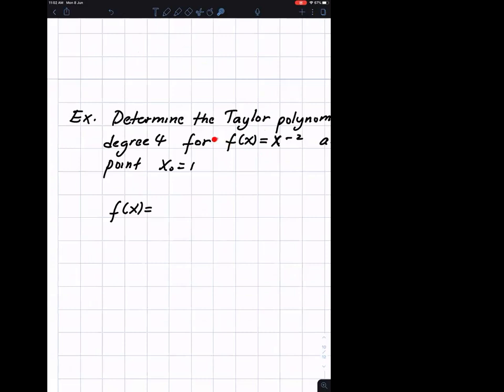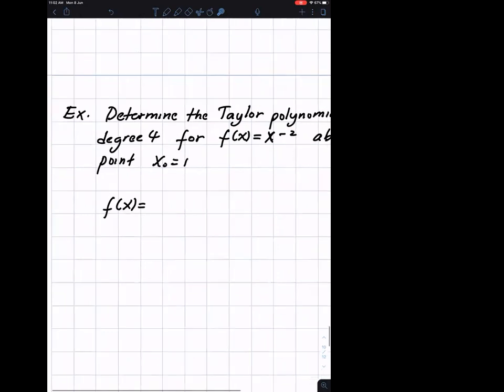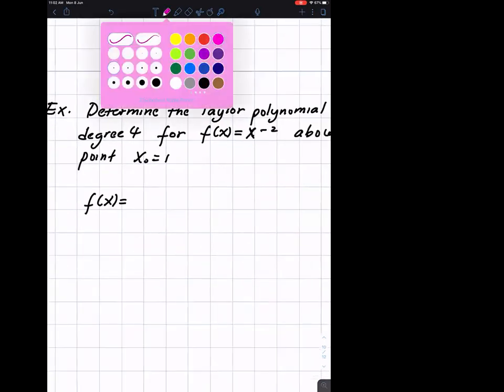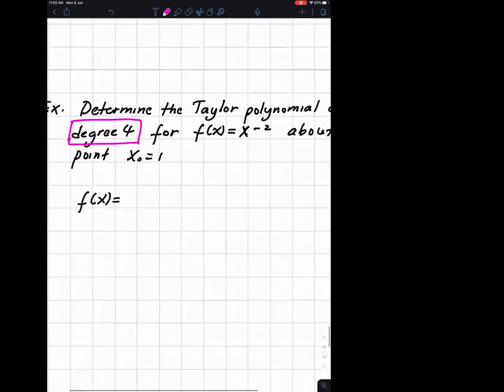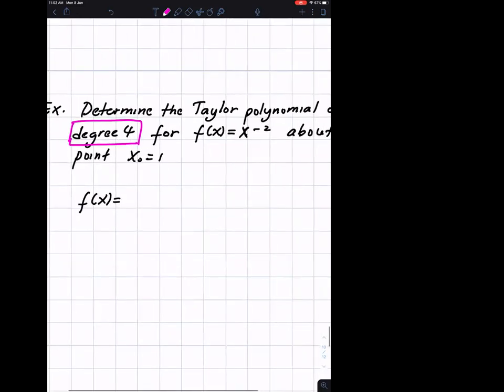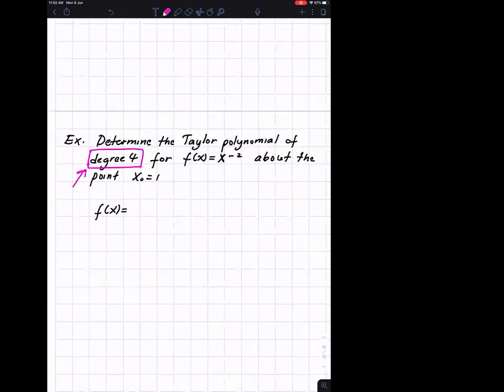From the function, you can write your derivatives. Please note that you are going to have a degree 4 polynomial. What it means is you have to go up to the fourth derivative. So you take the derivative 4 times.